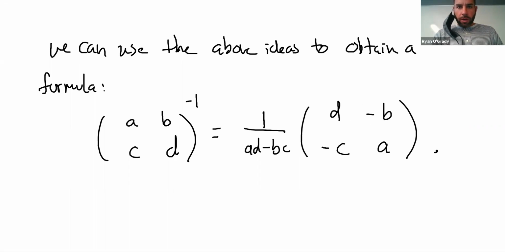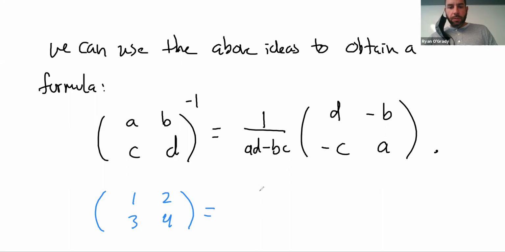So let's look at our problem in general. The problem we had was 1, 2, 3, 4. By the way, you should derive this for yourself. I just showed you how to do it in a specific case. This is 1 over 4 minus 6 times 4, negative 2, negative 3, and 1.